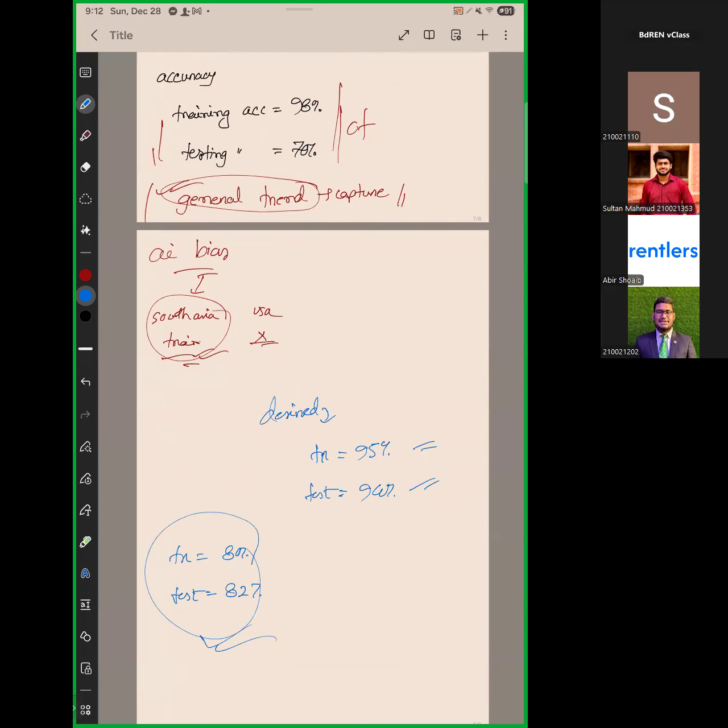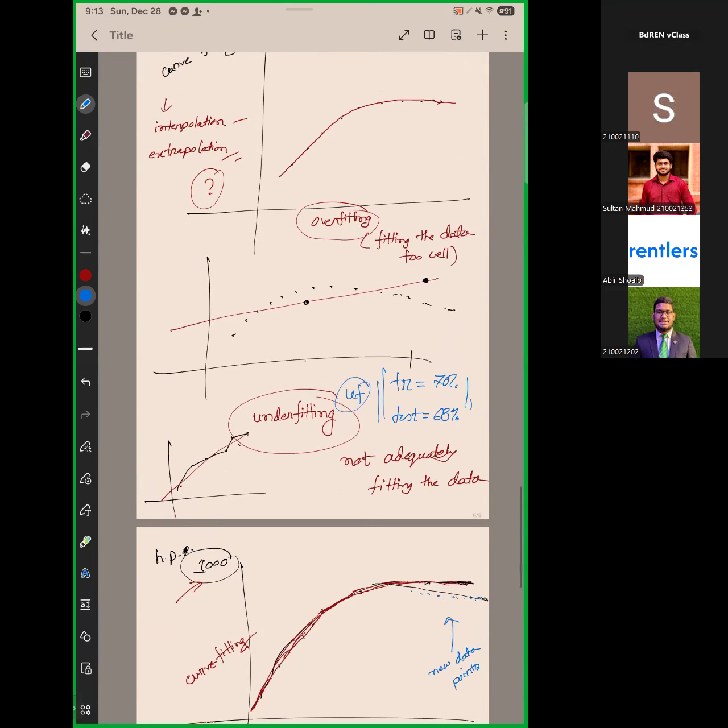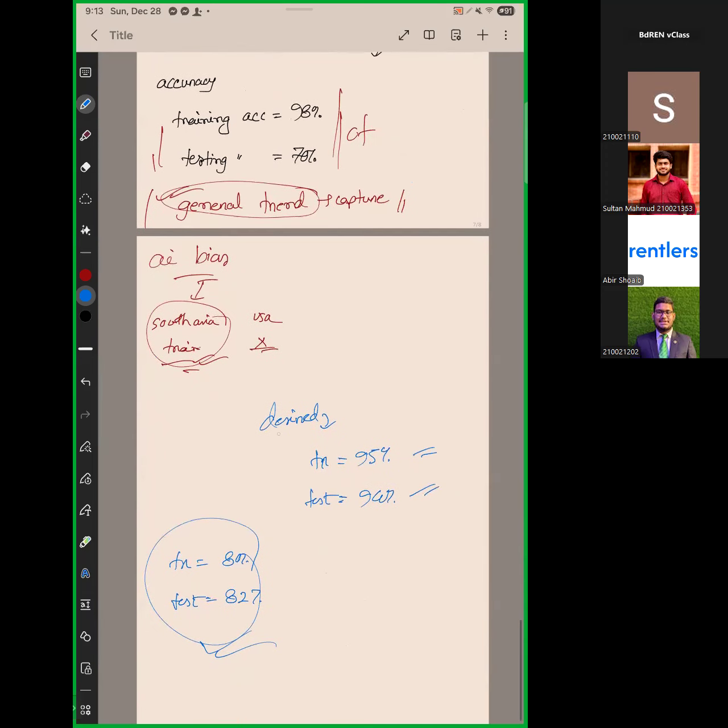Because we want the model to perform well during testing, most importantly. Basically, we want the training and testing to be somewhat closer. When they are closer, that means they are both doing well. But when both training and testing are too low, like in this case, we say the model is underfitting. We want to improve the underfitting scenario. We'll see how a little bit later. But basically, our desire is to keep them close.